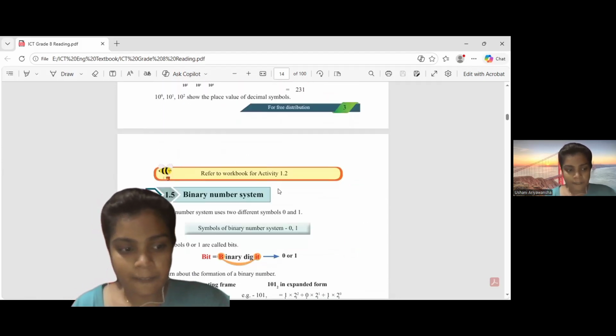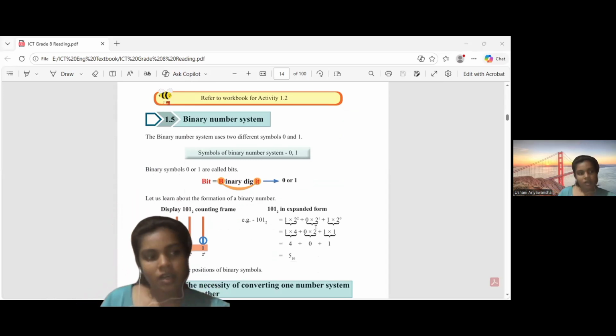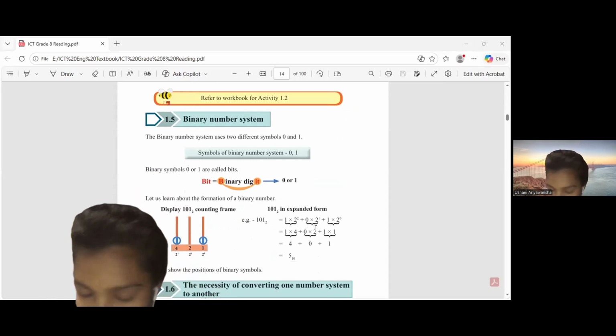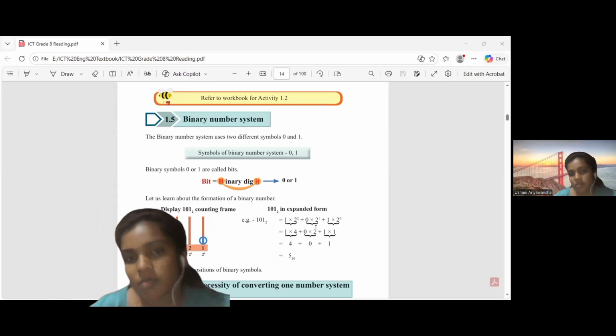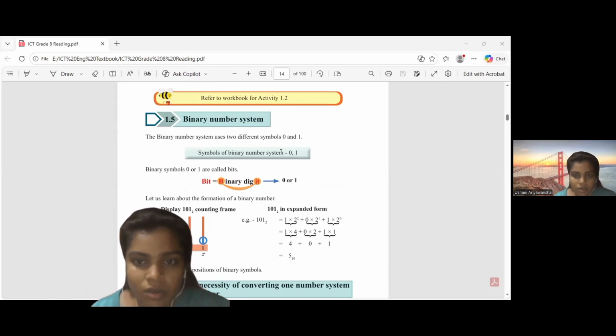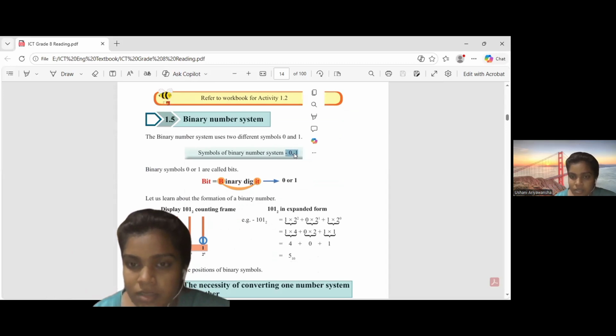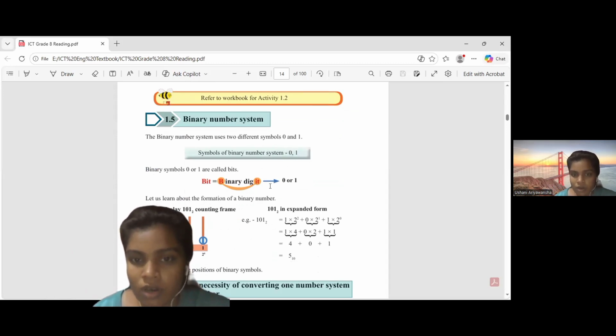Okay, Putte. Now let's switch to the computer's world, the binary number system. You know the binary number system has two different symbols, only 0 and 1. We call them bits. 0 and 1 are called bits.